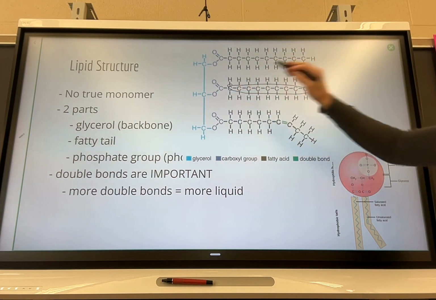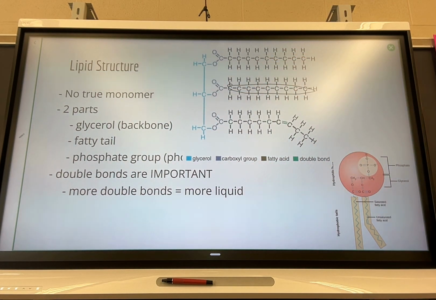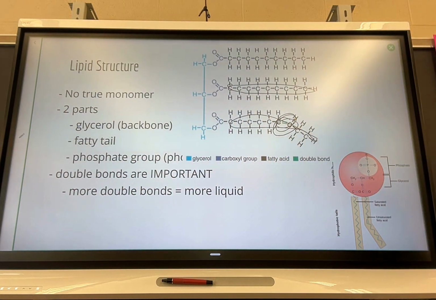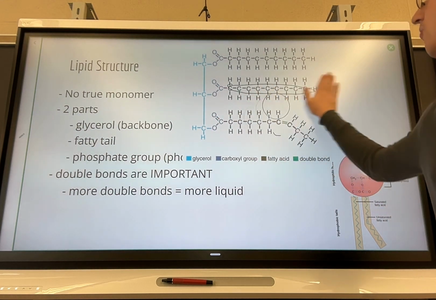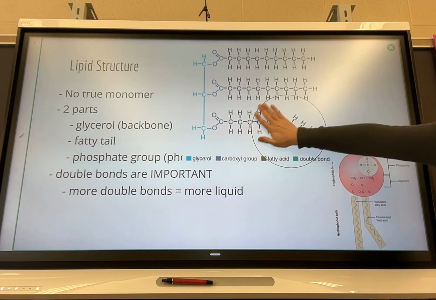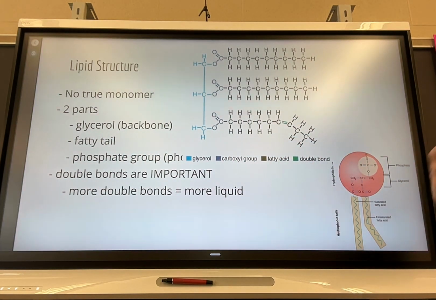You can see there's no double bonds on either of those, meaning that they are fully saturated. On this tail, however, you notice that there's a double bond present in this tail, causing it to kink, to move towards the side. And this means that for this tail, we would consider it to be unsaturated. It doesn't have the full amount of hydrogen that it could possibly have.